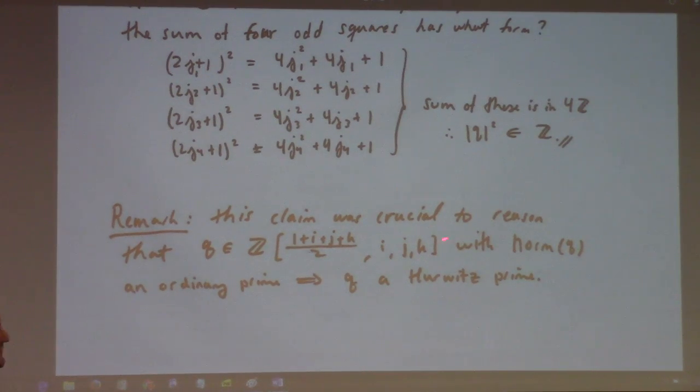Q, an element of the Hurwitz integers with norm an ordinary prime implies that such a Q is also a Hurwitz prime. Just like in the Gaussian integers, if we get the norm of something as a prime, if you have a Gaussian integer and the norm is 13, it implies that that Gaussian integer is a Gaussian prime as well. Right? You can't reduce it.